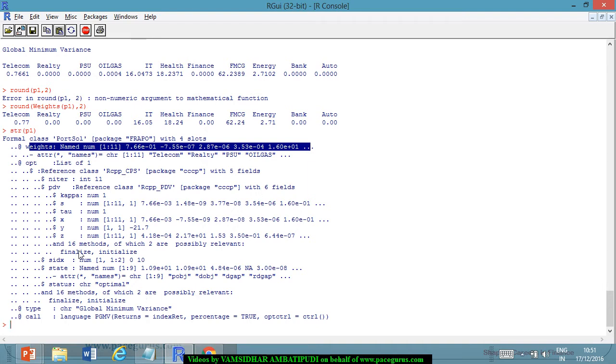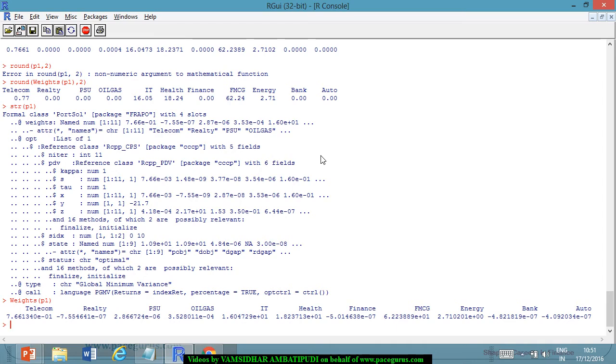And these are the various steps that have gone ahead in the computation process altogether. It has taken 11 iterations to finally give me a solution. And these are the weights. If I really want to use those weights for any specific purpose at a later point, I can very well extract those weights and use them. So basically, as I said, you can use weights of P1, wherein you can refer to them for any kind of further purposes.